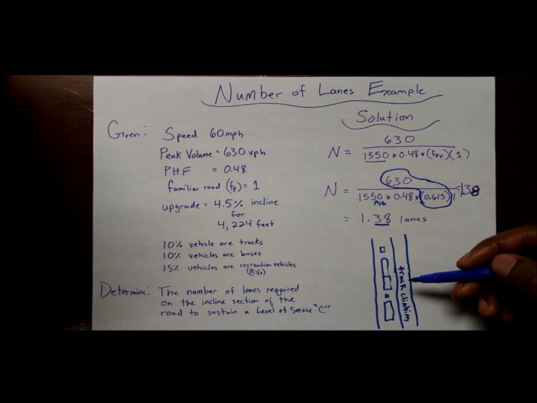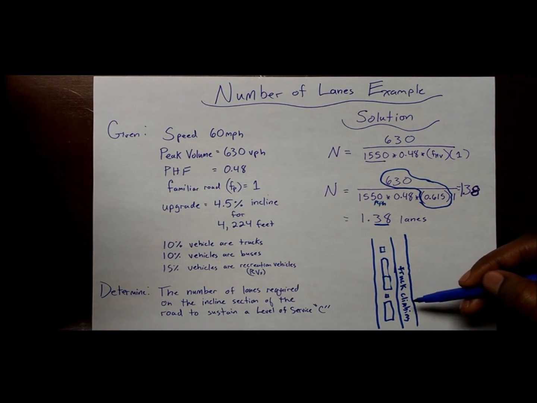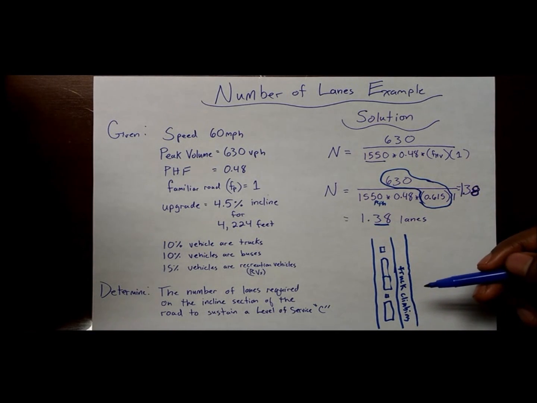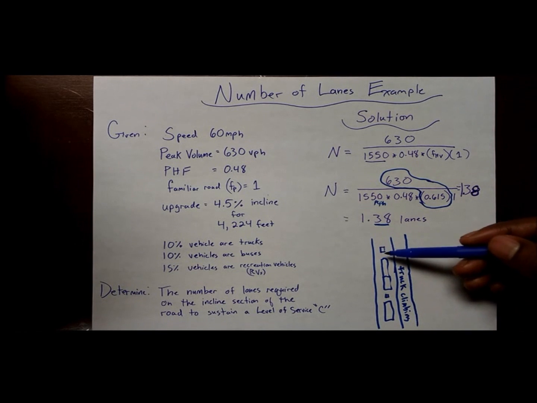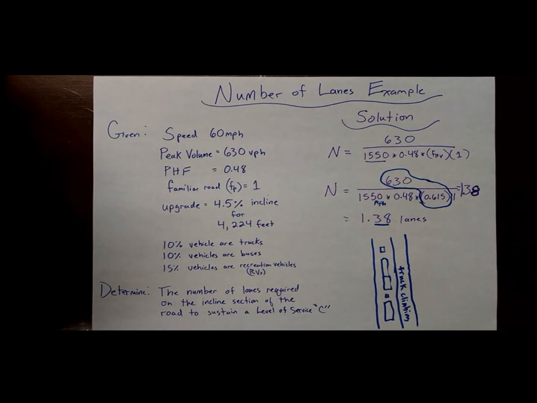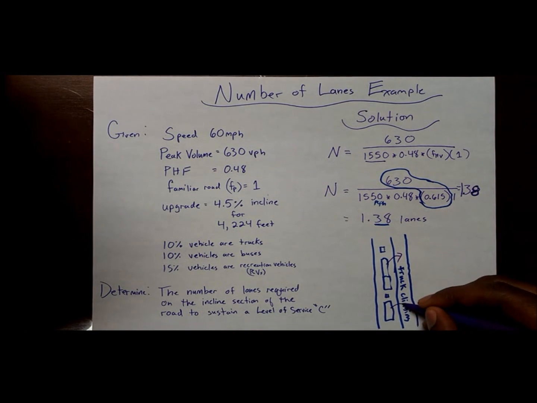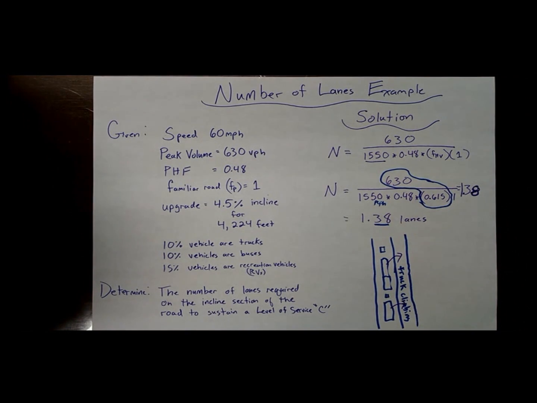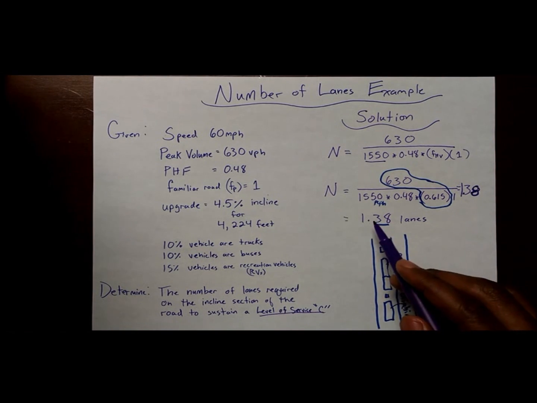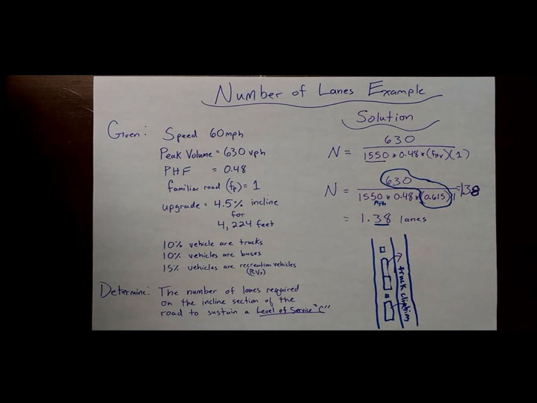This lane right here is primarily used by trucks when they are traveling uphill for long distances, because they cannot travel at the same rate and speed as passenger cars. If they are no longer in that traffic mix, and you move them over here, the operation and the flow of the vehicles on this lane would be that much better. And so to maintain a level of service C on that roadway, you would definitely need one lane, but you probably need a little bit more than just one lane, and that could be the truck climbing lane.